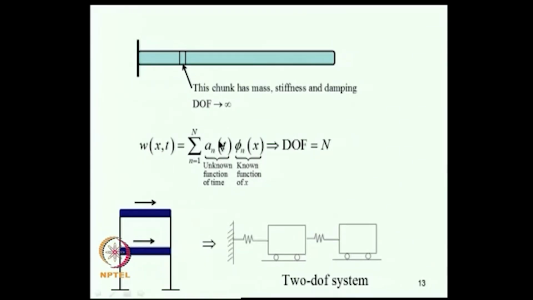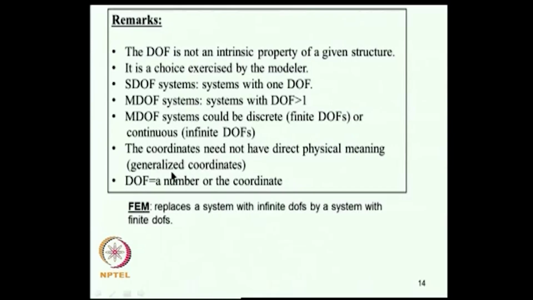So, these kinds of coordinates are called generalized coordinates. Now, the word degree of freedom is used in a dual sense here. In one sense it is a number, that is, the number of independent coordinates as we defined. In another sense they are also the coordinates with which we specify the configuration of the system. So, it has a dual meaning.